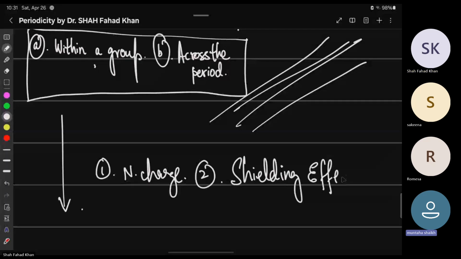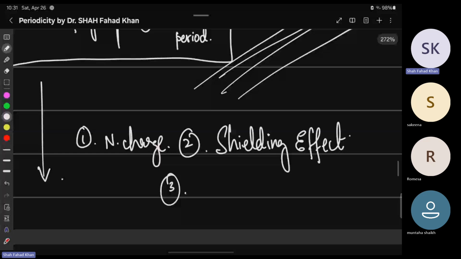Size of the atom, so atomic radius. Fourth one is the charge density.